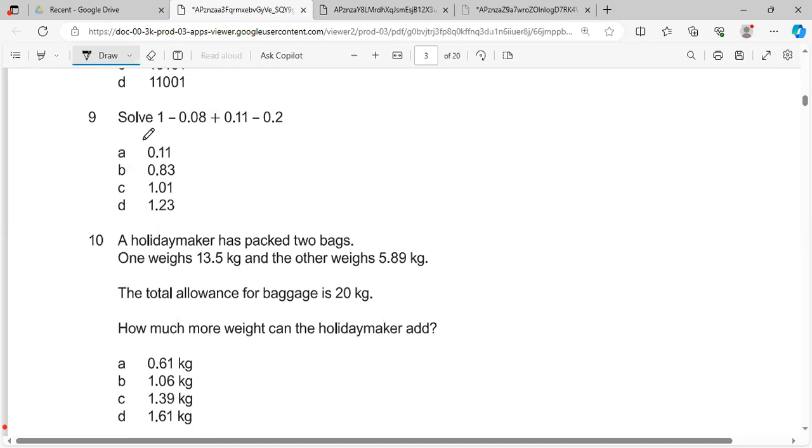All right? Solve 1 minus 0.08 plus 0.11 minus 0.2. Sir, I think I learned this in my class. Come on, it's decimal. Work it out, and then we can talk about it.